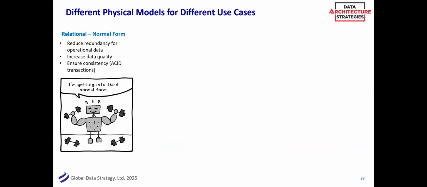So the other part of this, as we're looking at what's in that little database cylinder that we had in the picture, is that there are different physical models for different use cases, and many of them are still and will continue to be valued. You know, I just had to put this in because I have a third normal form cartoon. Who does, right? Anyway, relational databases are really good for keeping data quality and ensuring consistency.